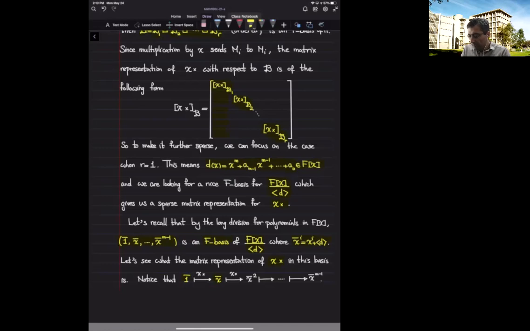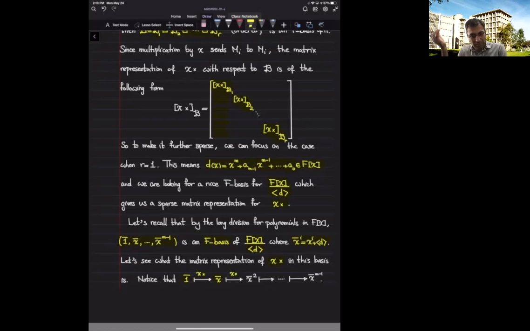Now I apply multiplication by x, this time to the next vector. When I apply it to this, I get x squared bar. Again, in this basis, it's nothing but e sub 3.